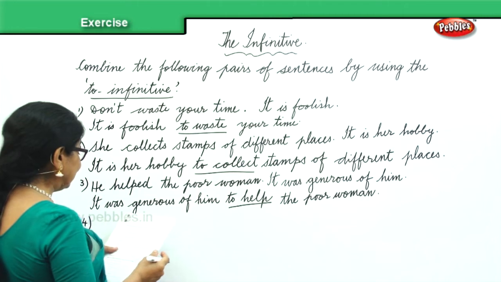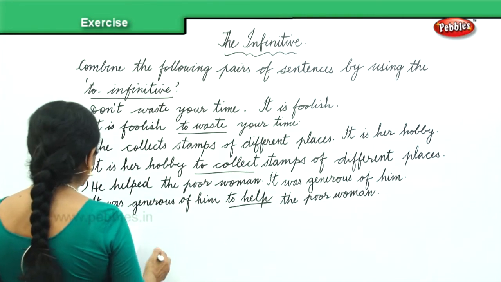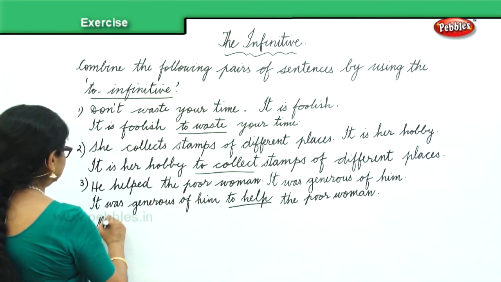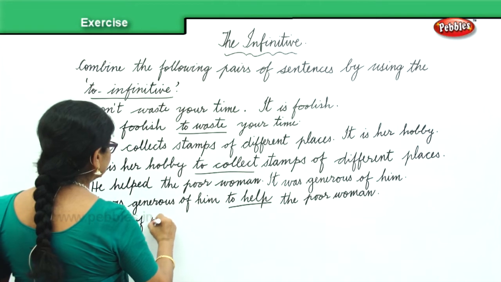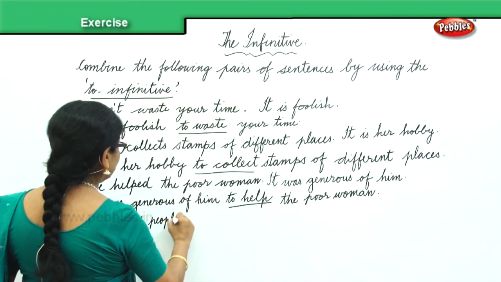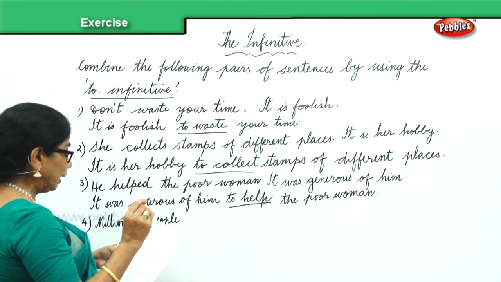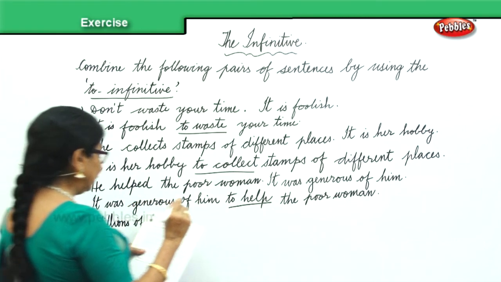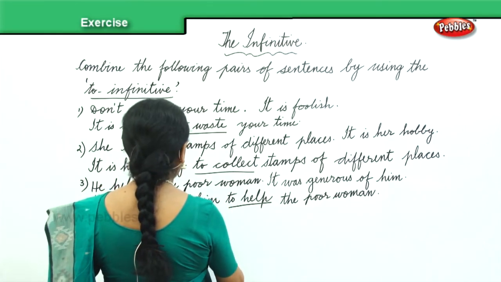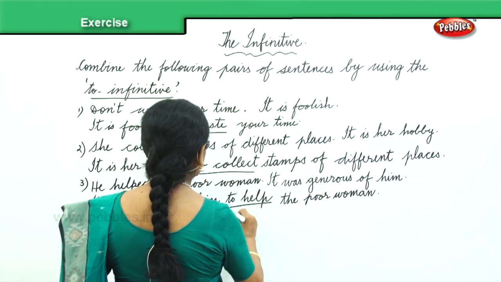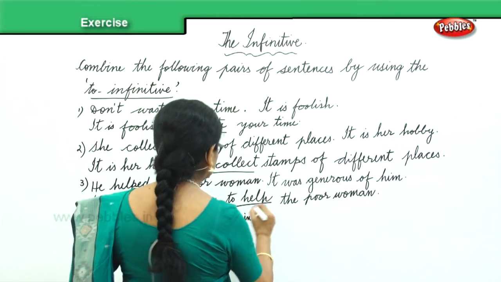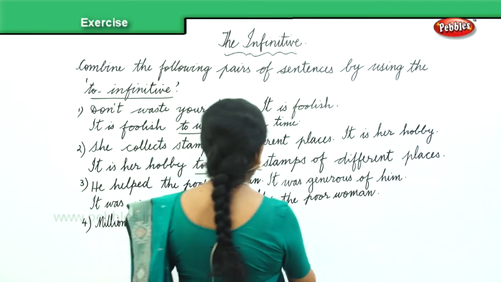So, we have another sentence here: Millions of people have a bath in the Ganga.